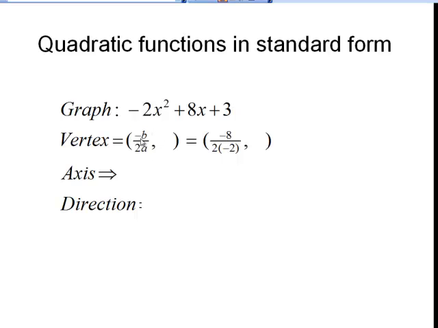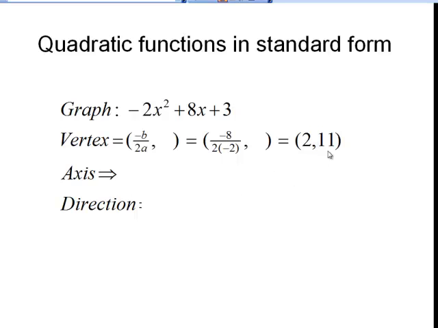So you take a negative, put the b, 2, put the a. If you reduce this, it turns into a positive 2. And you take that 2 and you plug it in up here at the top. 2 squared is 4, times negative 2 is negative 8. 8 times 2 is 16. So you have 16 minus 8 plus 3.